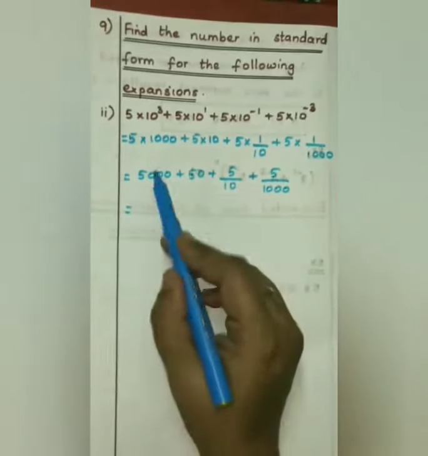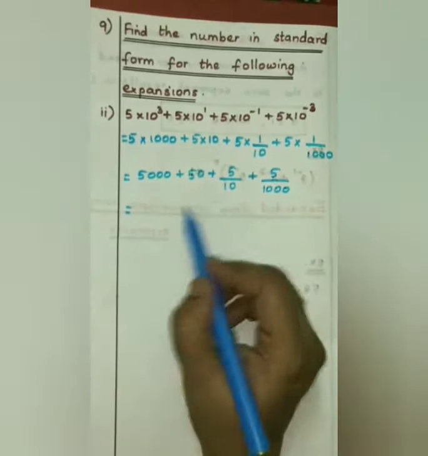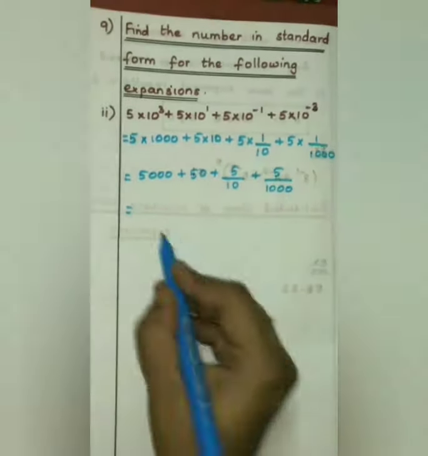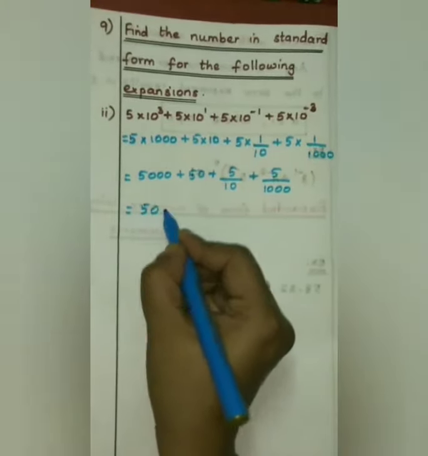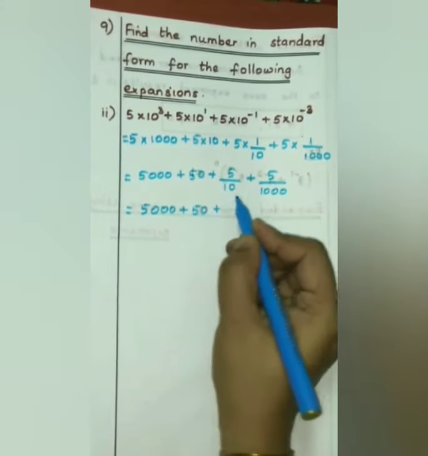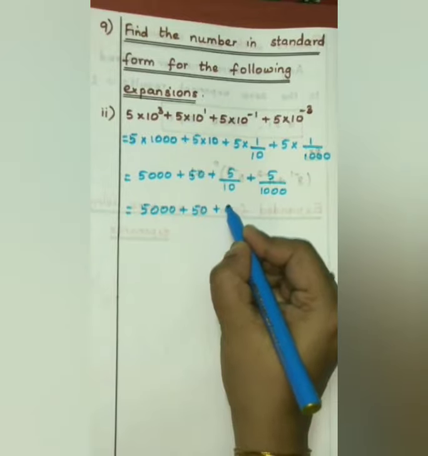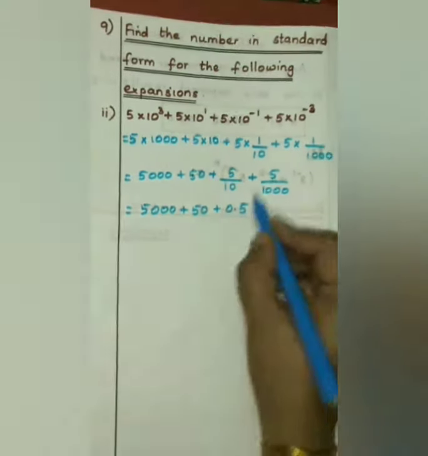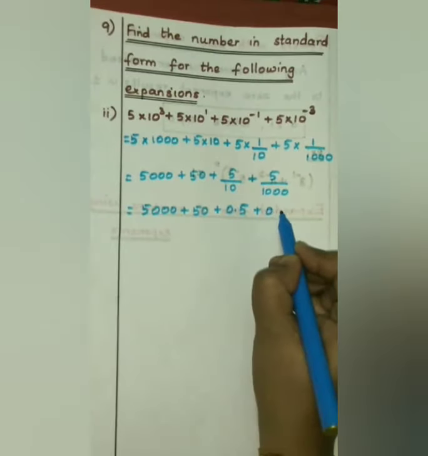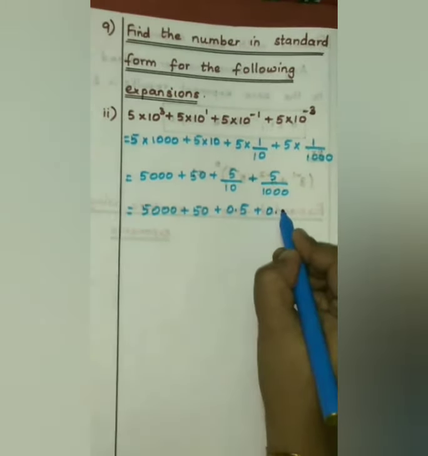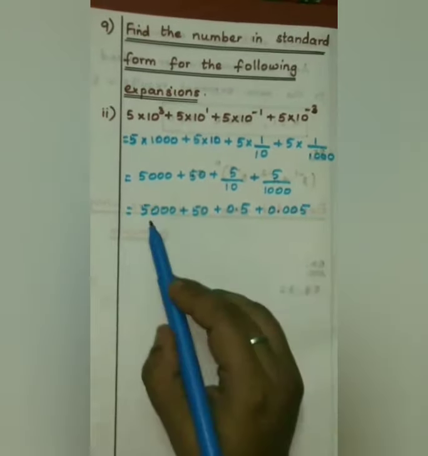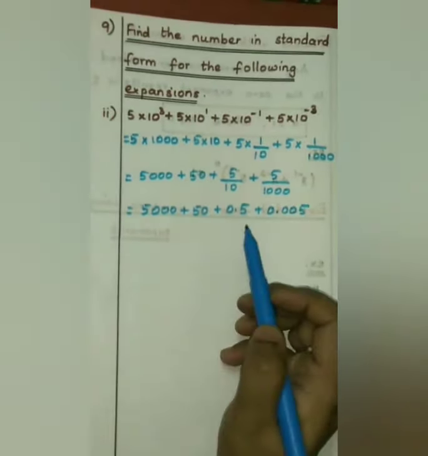To avoid confusion, you better add and find the answer. Before that, you find the value of 5 by 10 and 5 by 1000. 5000 plus 50 plus 5 by 10 is nothing but 0.5. 5 by 1000 is 0.005. Now you add all these four terms and find the answer.